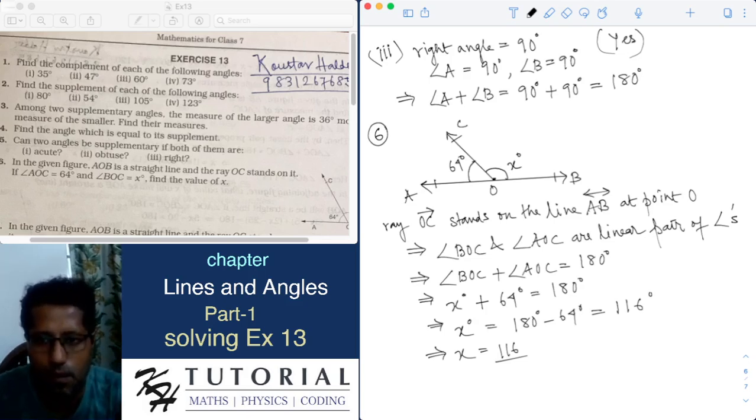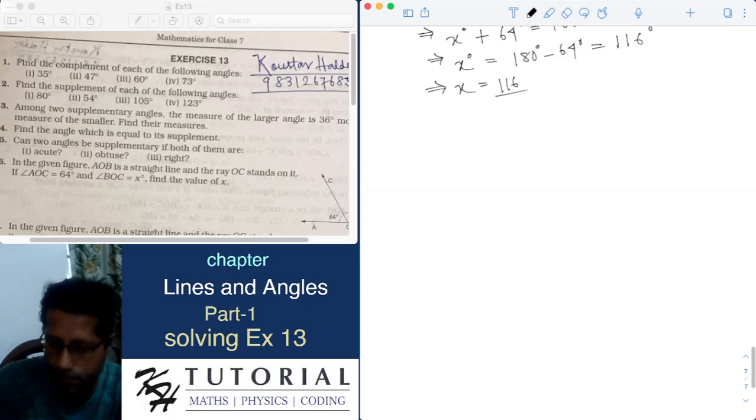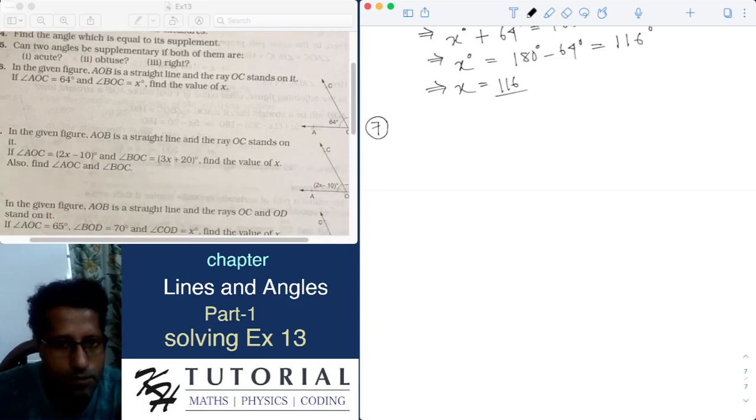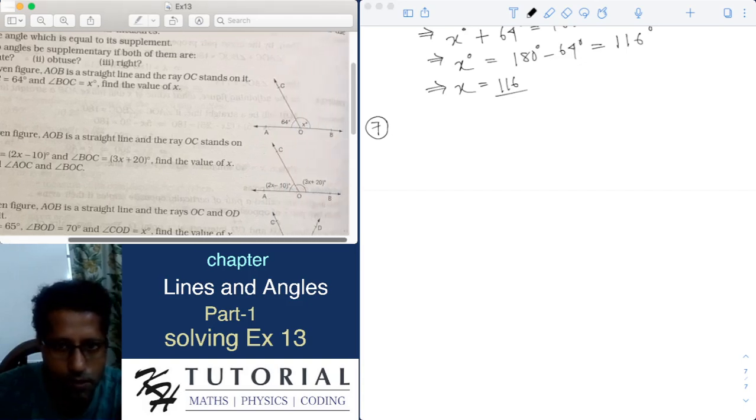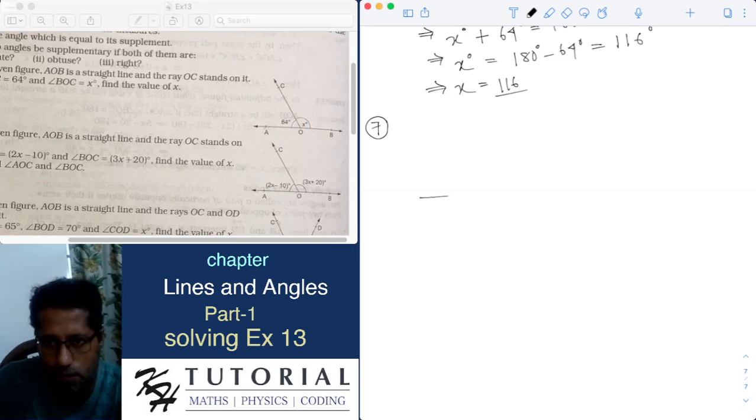Okay, let's do problem number 7. Problem number 7 says, in the given figure, there is a figure. Let's first draw the figure.